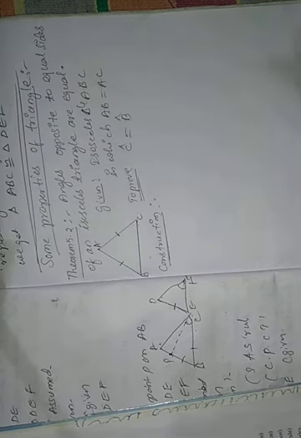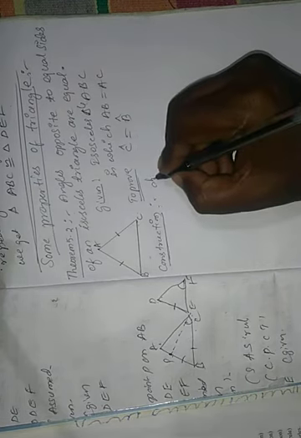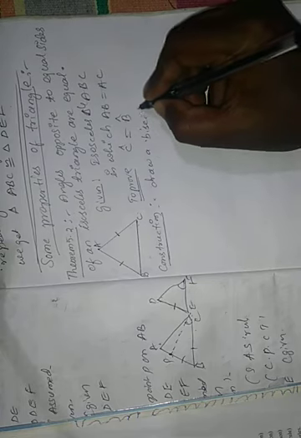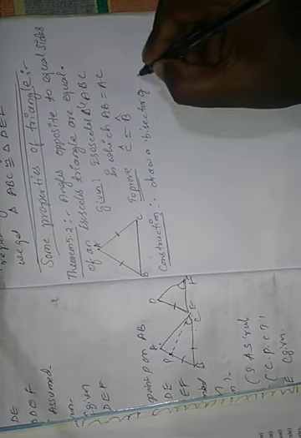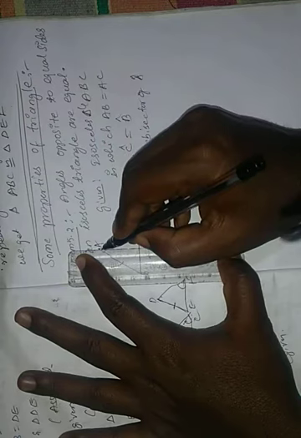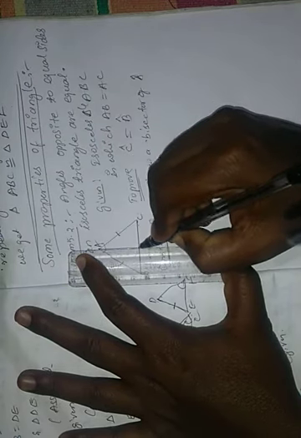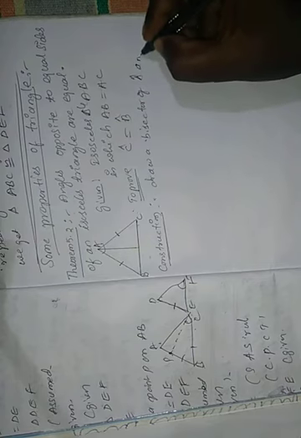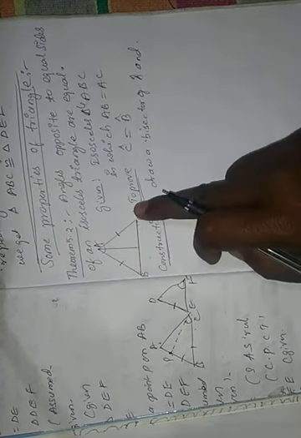In triangle ABC, draw a bisector of angle A. This is angle A; draw a bisector of angle A, and let this bisector divide the line segment BC.